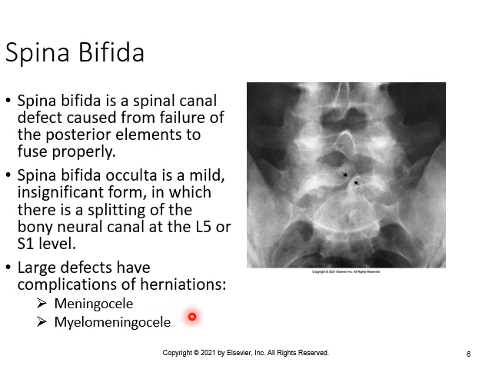Now, a meningocele is, if we remember what our spinal cord is made of, we have a few different layers of our spinal cord, and the outermost layer is our meninges. And so if this is significant enough that our meninges begin to protrude outside of this defect, then we would have a meningocele.